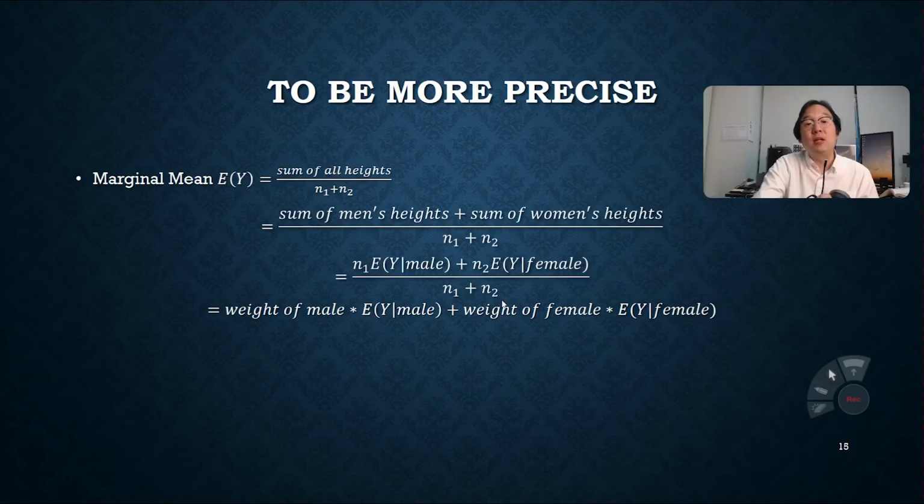Conditional mean of mean height of male and female, right? Now you can split it so that N1 over N1 plus N2 should be the weight of male, and the second one would be the weight of female, right? The weighted average of conditional means is something called marginal mean, right? So that's one thing that we want to distinguish.